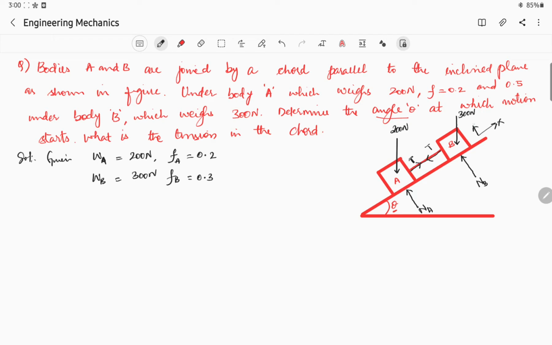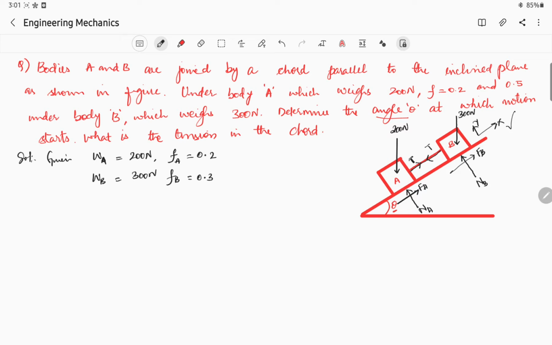Whenever they give inclined things, we have to calculate the values depending upon the given x and y axis. Because of their weights, the blocks will move in downward direction. So frictional force will act in opposite direction to the movement, right? So this will be my frictional force at B, and here frictional force at A.